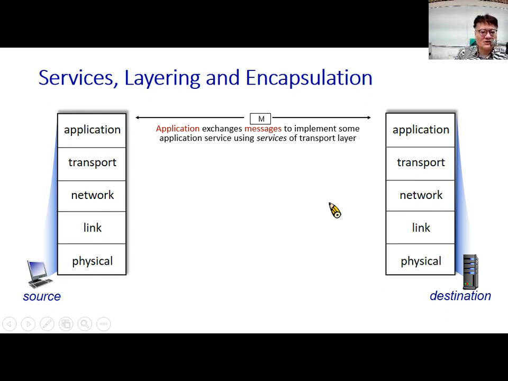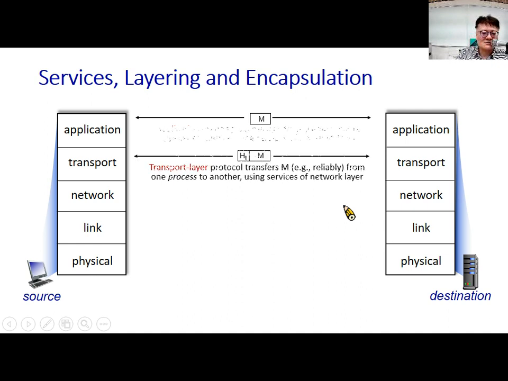So in the application layer, the application exchanges messages to implement some application service, using the service of the transport layer, right? So we send the message on the application layer. But to this message, we need to add a header, for example, header HT.